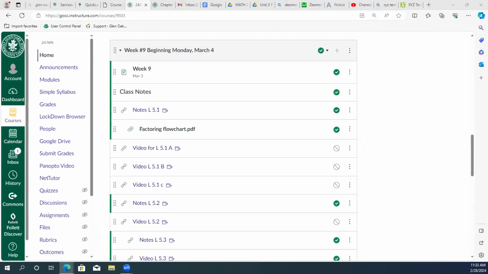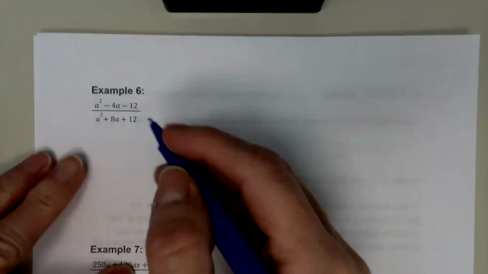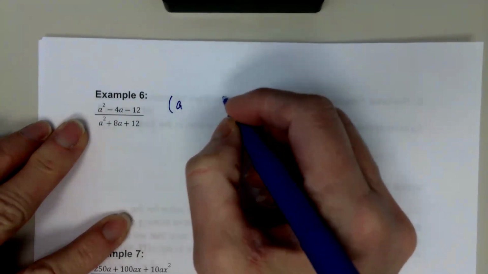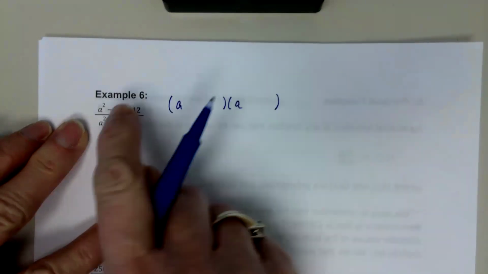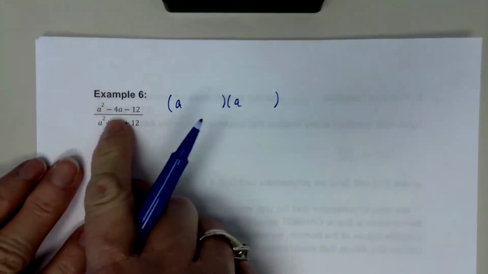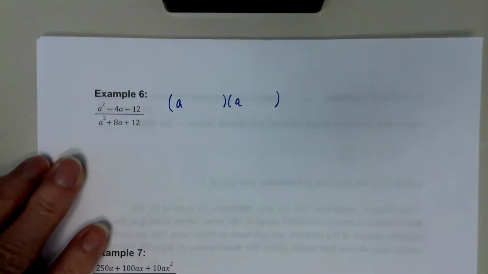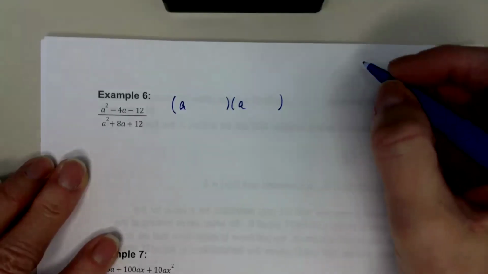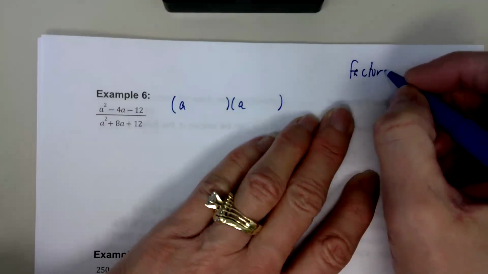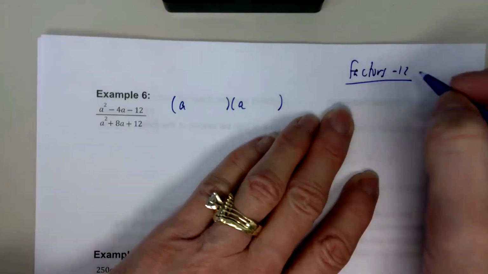So let's jump into some examples here. So we are just going to get some practice factoring. So I am going to factor this, and I can factor this into 2 numbers that multiply to make a negative 12, but when you add them, they make a negative 4. And so I could come up with my list of factors that make a negative 12.